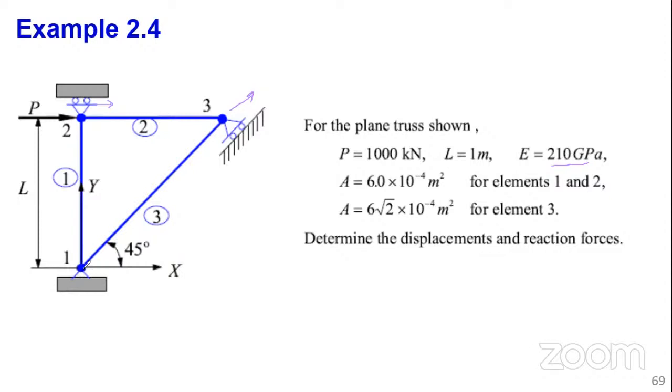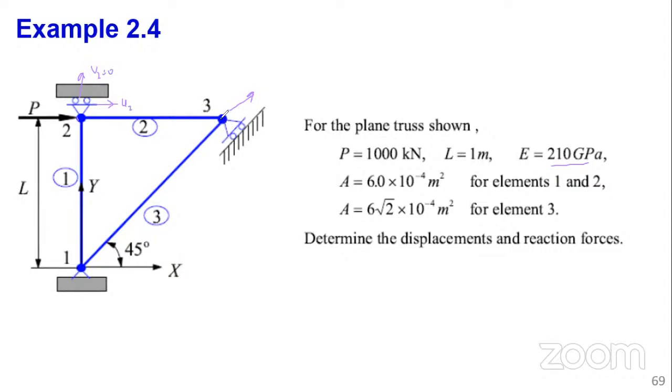So U and V at node 1 are equal to 0. Now, looking at support 2, being a roller support, you can have a vertical component and a horizontal component. So V at node 2 is equal to 0. Okay. These are things that you do by observation. But U, because of the roller support, is a quantity you need to determine.